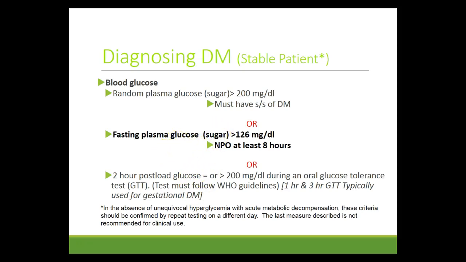The test must follow the WHO guidelines, and the 1 and 3 hour GTT is usually used to diagnose gestational diabetes. But you won't usually see these 2-hour post-load glucose tests. It will be more of the combination of random with symptoms, or the fasting.